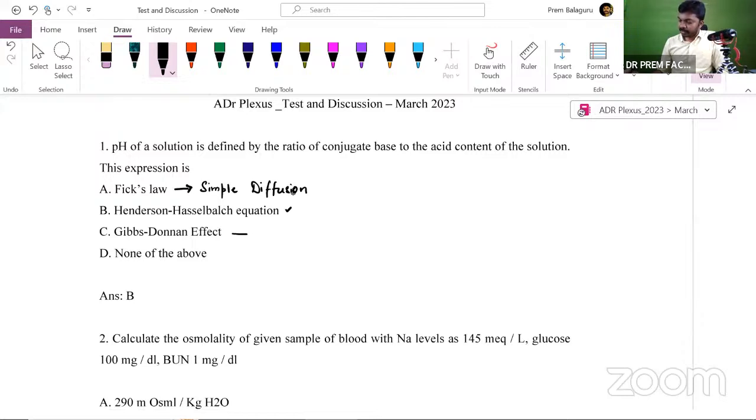The Gibbs-Donan effect is an effect that says why there is going to be increased potassium inside the cells. Why more potassium is present inside the cell, and why there are going to be more anionic charges inside the cell.